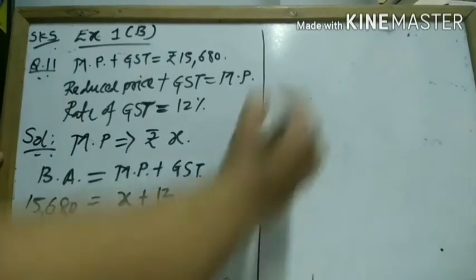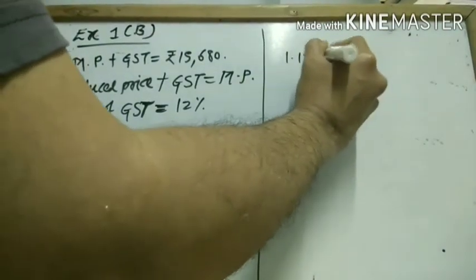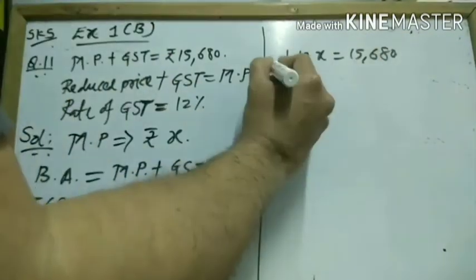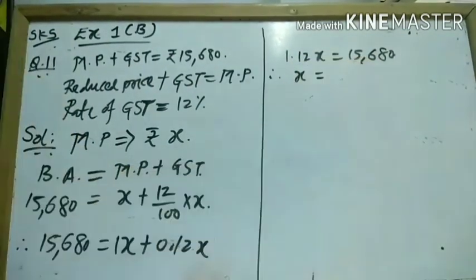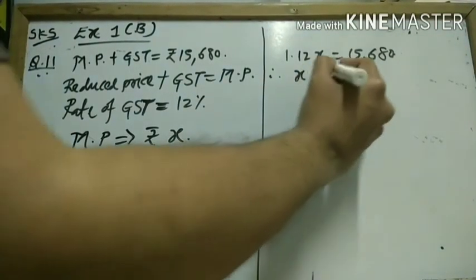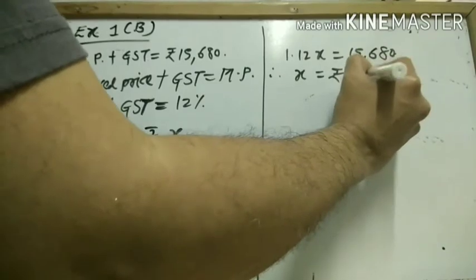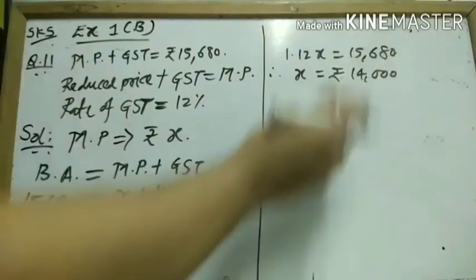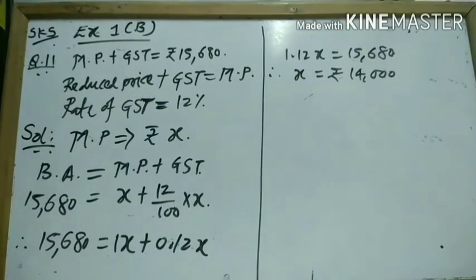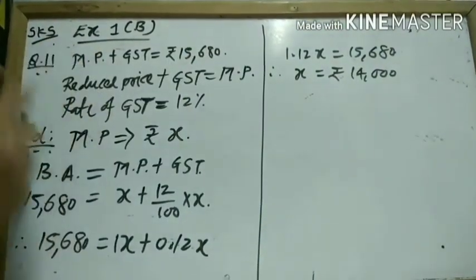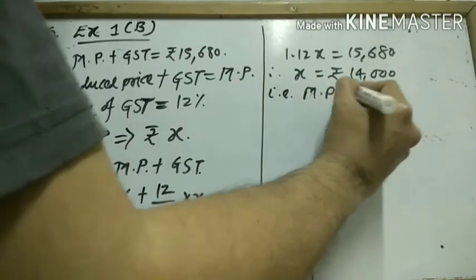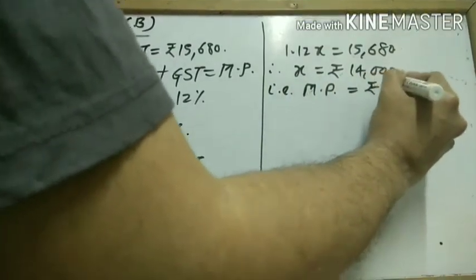So x, when you calculate this, will come as rupees 14,000. I'm not showing the calculation part right now. You can do it: 15,680 divided by 1.12, you'll get 14,000. So 14,000 is the mark price. Original mark price is rupees 14,000.